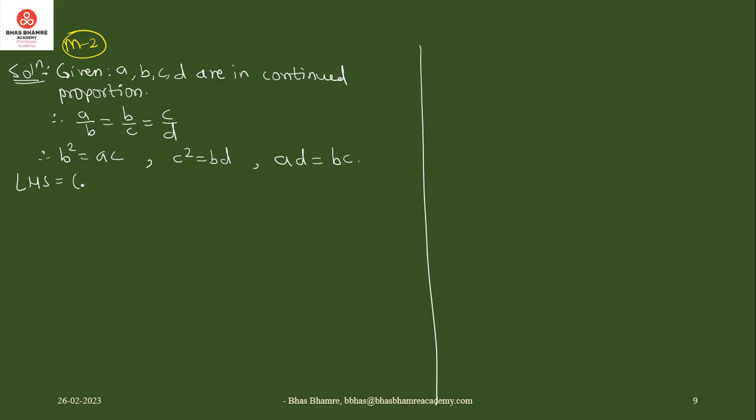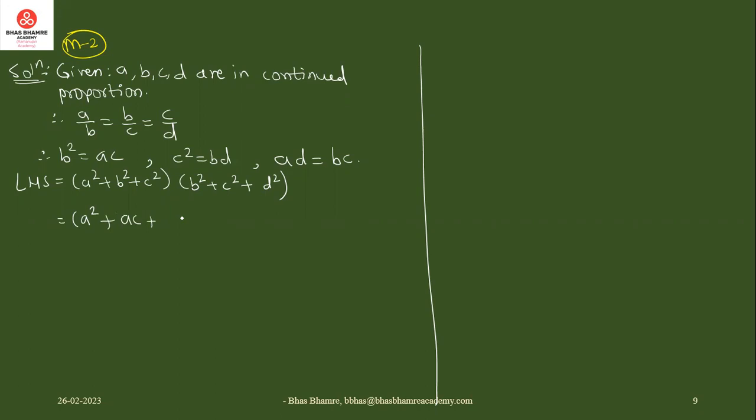Our LHS is A square plus B square plus C square into B square plus C square plus D square. Good. Now A square, A doesn't have any value over here. So I keep A square as A square, plus B square is AC, and C square is BD.